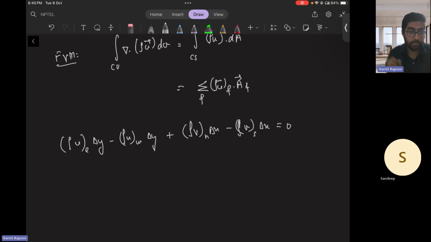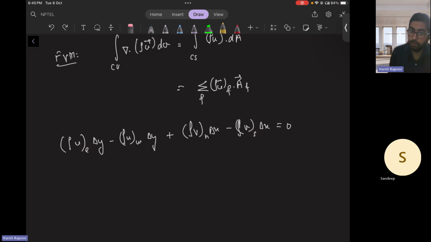However, u_e, u_w, v_n and v_s are not available to us, because u is stored only at the cell centers, and these are the face values, not cell-centered values.